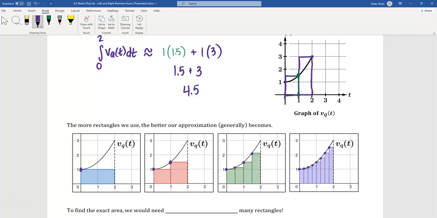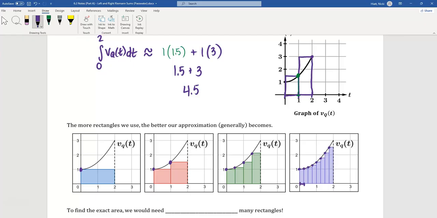But which one looks the best? Which one looks like it'd be the closest? The last one, the one that has the most rectangles, right? Because now on this one, it's harder to calculate because what's the width of each little rectangle there? 0.25, right? Because you got like 4 rectangles per unit on this graph.